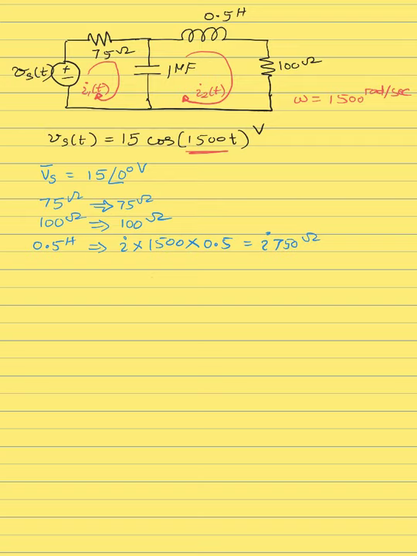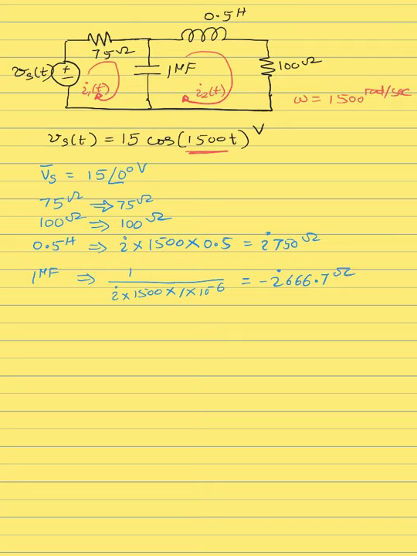Now you have a capacitor, a 1 microfarad capacitor, that's going to be 1 over j omega times the capacitance value, and I have replaced the micro with 10 to the power negative 6 as well. So j goes up, becomes negative, so this gives negative j 666.67, or just 666.7 to 1 decimal place.